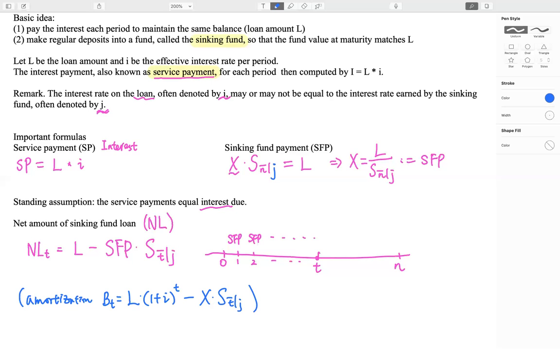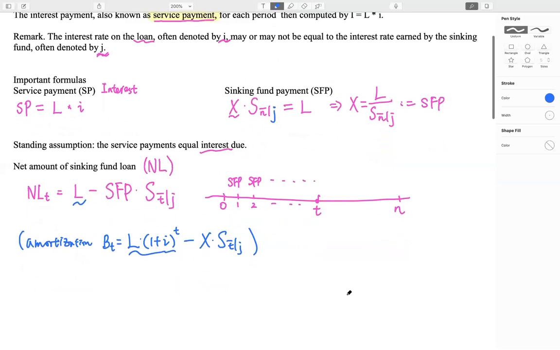So the different part is here. Originally you have this accumulation factor, but under the sinking fund, it's simply L. Again, the reason is because we pay off the interest each time, so the loan amount does not change. Otherwise, it's the same, except we put a new notation, SFP instead of X, but that's just the notation. Here I also use X, you can put X as well. So in that sense, it's the same.